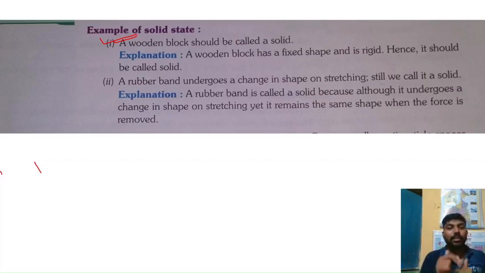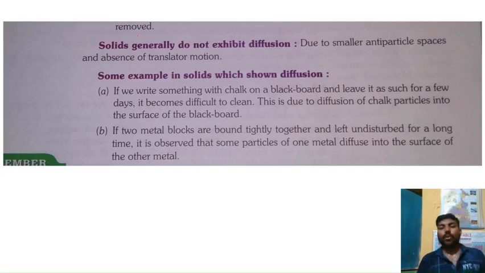It changes shape only under outside force. That is why it is known as a solid. Now one more point: solids generally do not exhibit diffusion. They are highly attracted to each other, and that is why diffusion is very less here. So I am not explaining these things again.